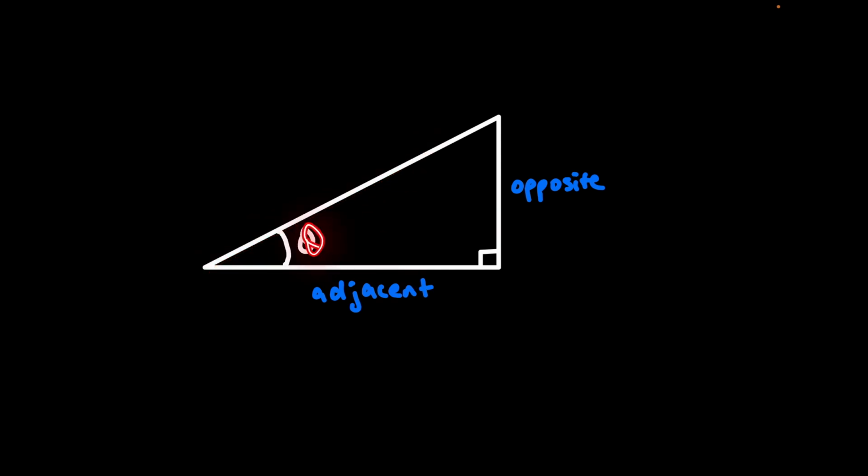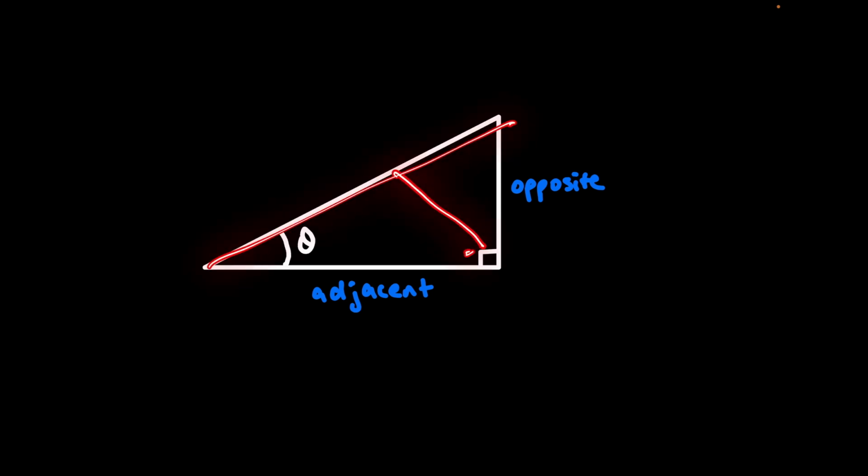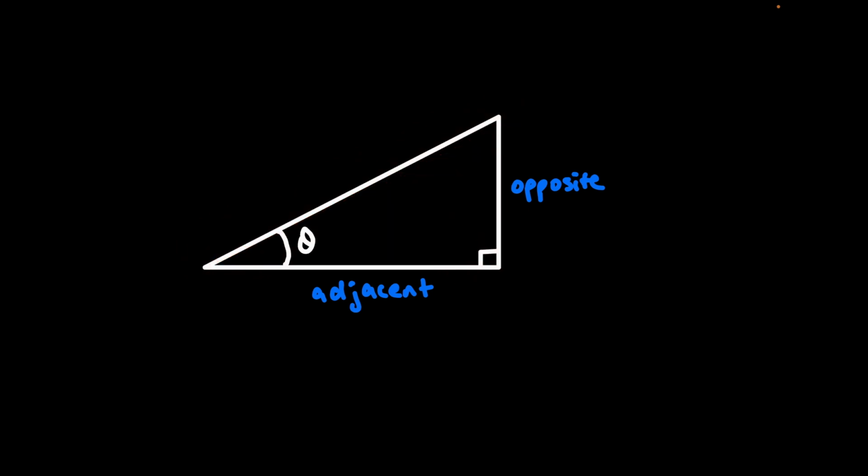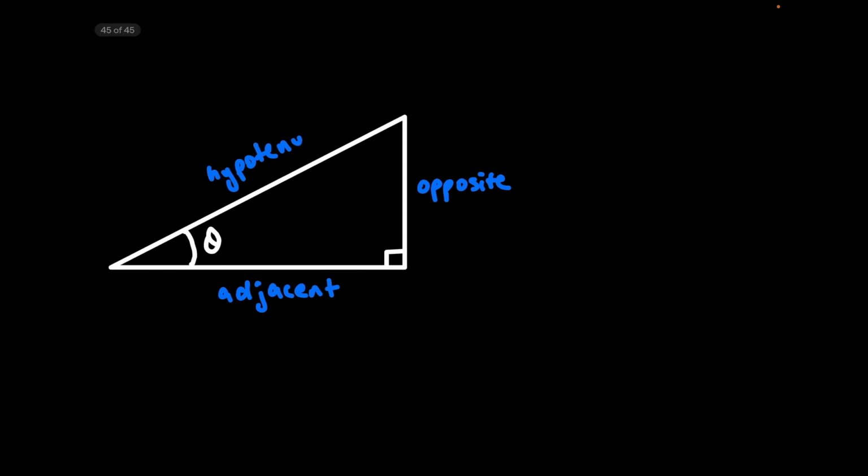It's adjacent to the angle theta, is it not? Well, the final side here is opposite to the 90 degrees. The side always opposite to 90 degrees, which is conveniently also the longest side of the triangle, is called your hypotenuse.